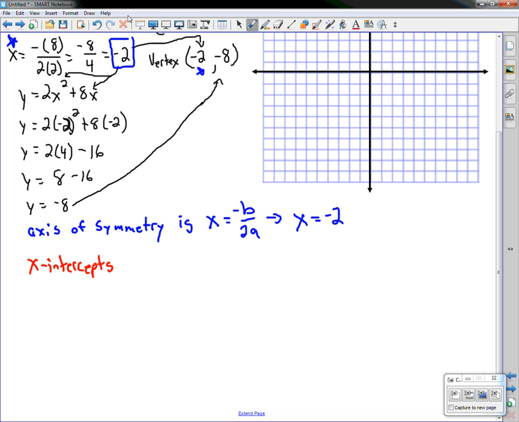So our equation is y equals 2x squared plus 8x. So my x-intercept is when y equals 0. So I'm going to have 0 equals 2x squared plus 8x.